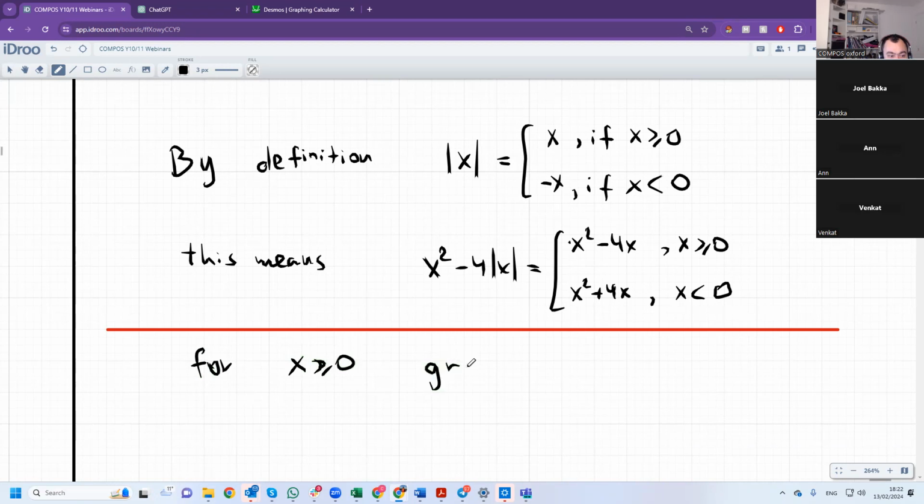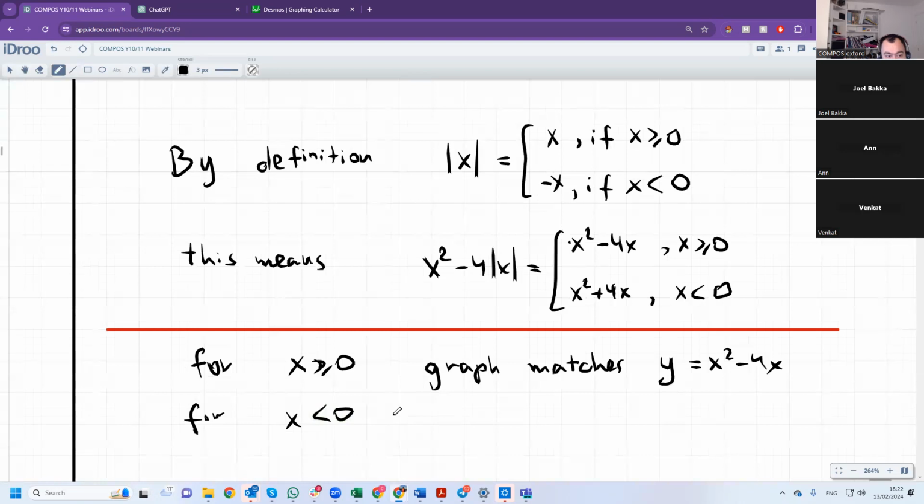Now, the conclusion is that for positive x's, for x greater than 0, the graph matches y equals x squared minus 4x. And for negative x's, the graph matches y equals x squared plus 4x.